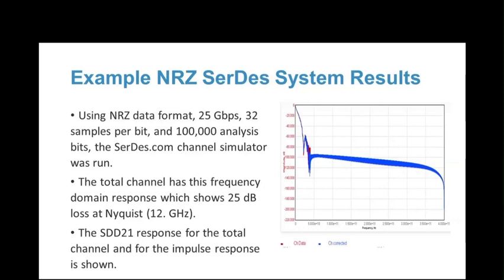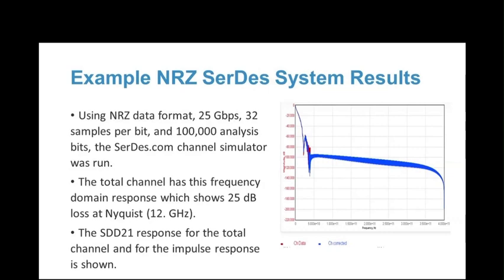And so here are the example SerDes system results as defined in the channel simulator SerDes system block diagram. The total channel includes the transmit IBIS model, the transmit package, channel, receive package, and receive IBIS model.